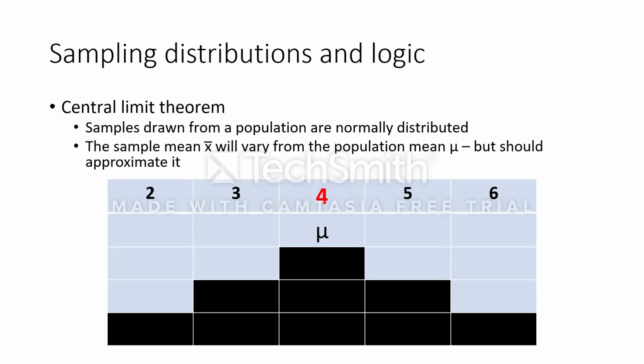So, some logic about sampling distributions, and this is where we need to be aware of the central limit theorem. When we take a sample from a population, the means that we draw from that sample will be normally distributed. So imagine that this figure below is depicting the population.